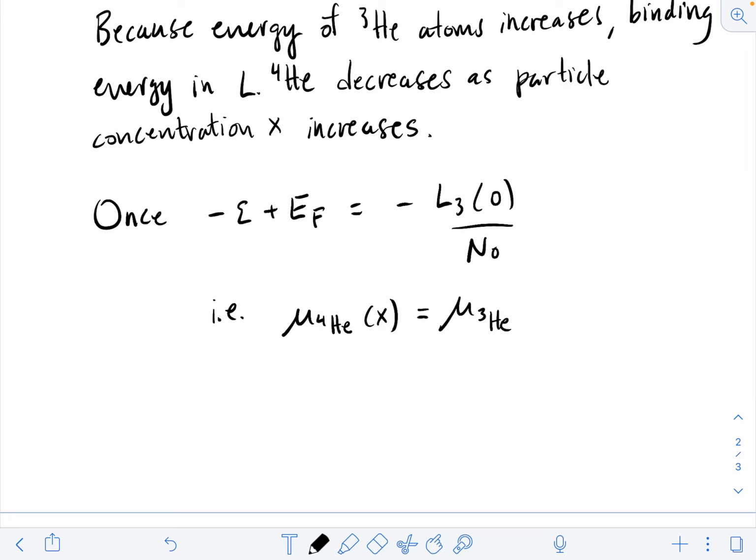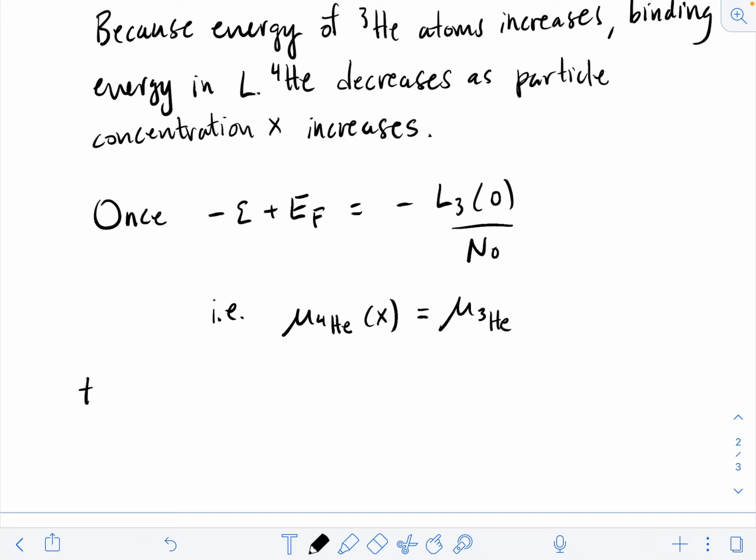Then it switches to adding additional helium-3 atoms would prefer to actually enter pure liquid helium-3 instead of entering the liquid helium-4, where there's already a whole bunch of other helium-3 atoms occupying the low energy states.